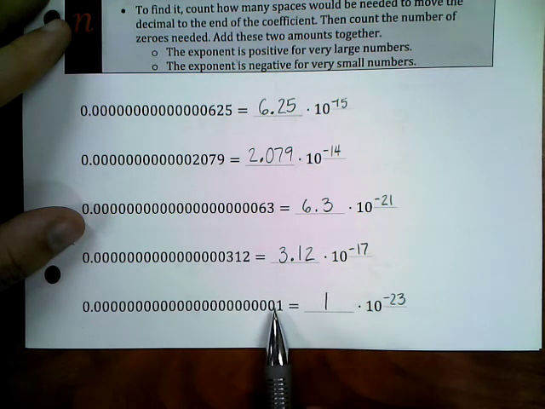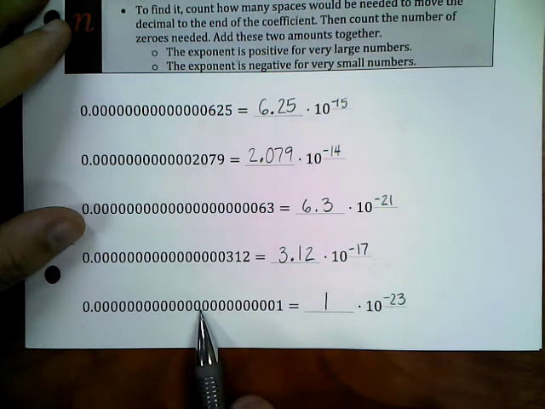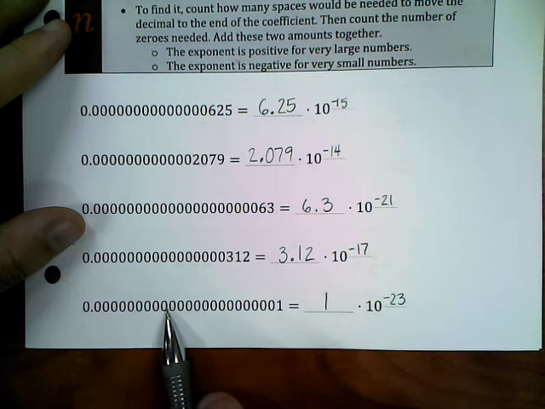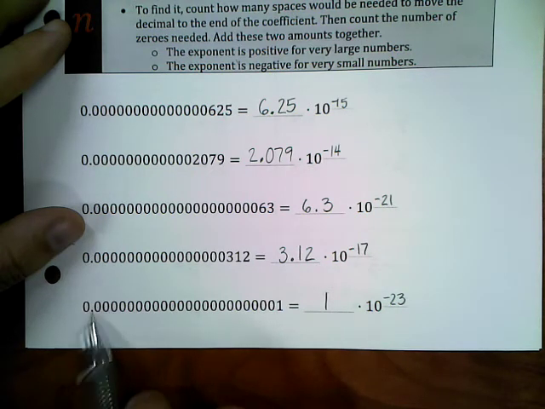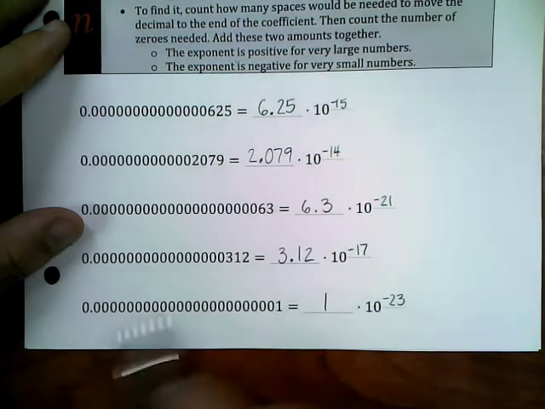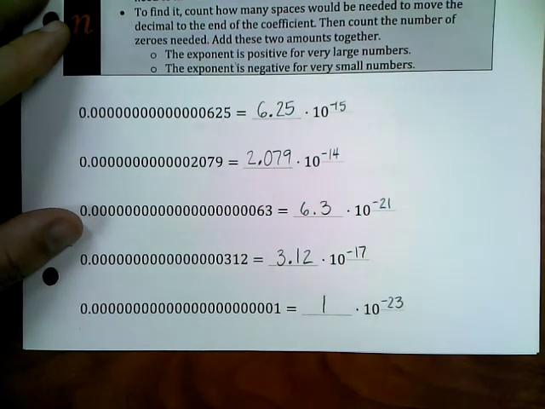Just because with all those zeros, it's easy to kind of get your eyes a little crossed and miss one there. So a double check there really is a good idea.